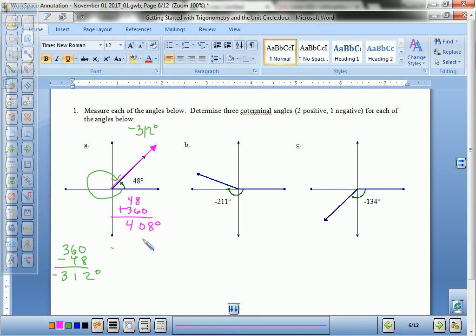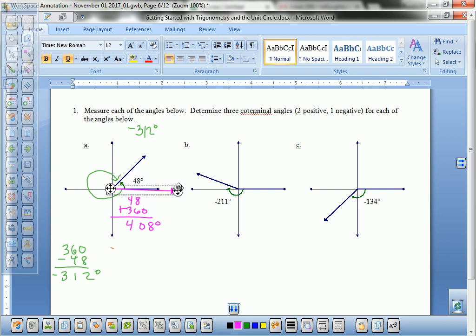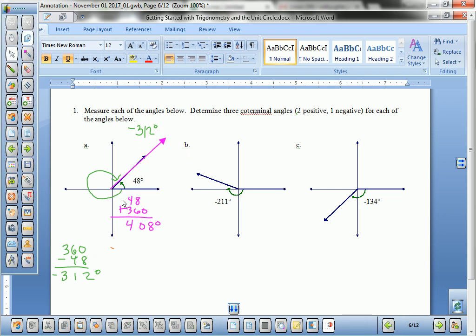Can you say that and do the little swirly thing again? Sure. Currently, this angle represents from right here to right here, 48 degrees. But I could have started right here, gone all the way around, and then back to here. The all the way around part is 360.